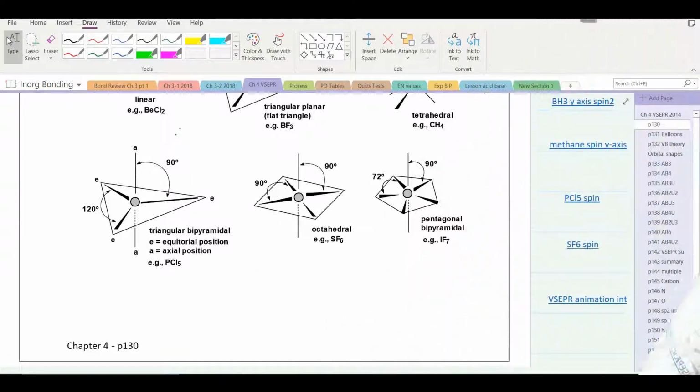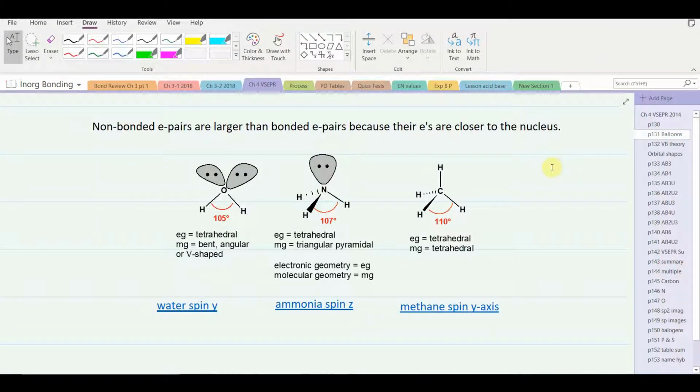Page 131. Here are 3 molecules, methane, ammonia, and water. And in all of these, the central atom is surrounded by 4 electron clouds. And so the arrangement of the electron clouds is referred to as being tetrahedral in all 3 cases.